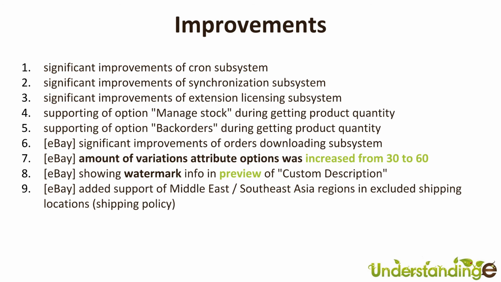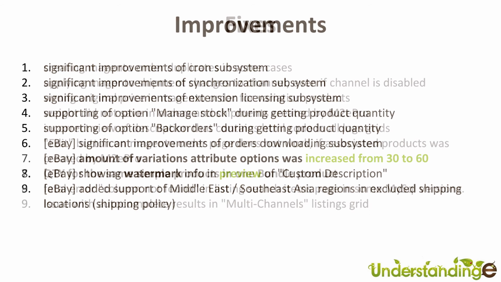Just to go off on a slight tangent, by the looks of it, if you are part of the global shipping program, eBay enables these options as well, even if you've got explicit messaging on that listing not to ship to those locations. It looks like eBay will override those and allow those products to be sold into those locations. So that's a curiosity. We'll find out more when we do some more research on that.